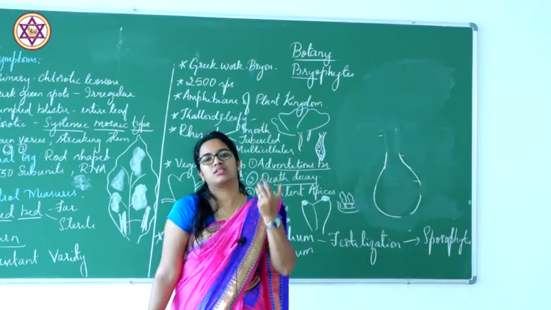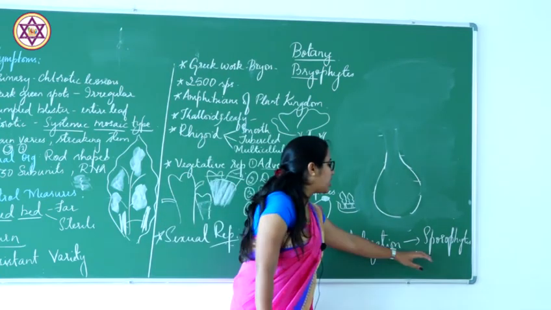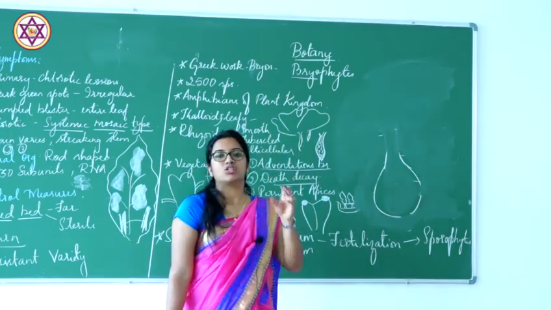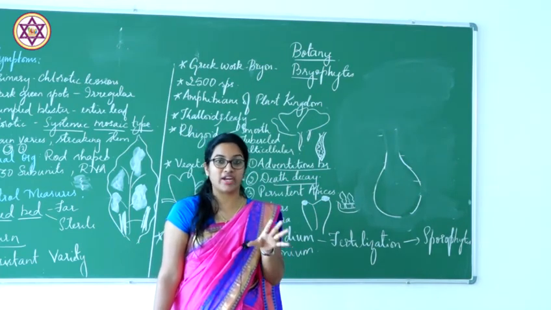The thallus, the sex organs, etc., make up the gametophytic life cycle, and the other one is the sporophytic life cycle. In the gametophytic life cycle, the bryophytes show haploid condition.